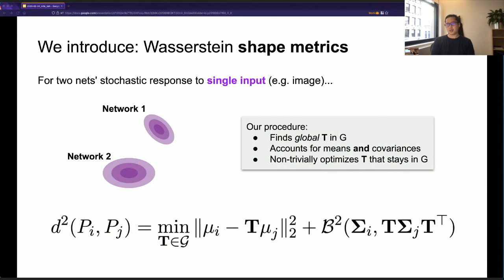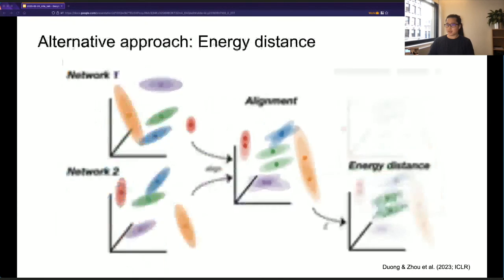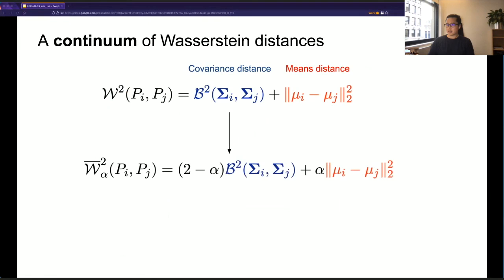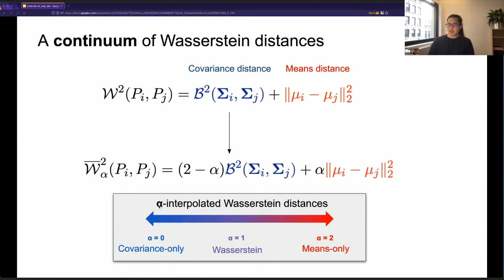One thing that I did not show here today is this difference in, let me see if I can. We have this interpolated Wasserstein distance, and this basically decouples the contribution of means in red and just the covariance.